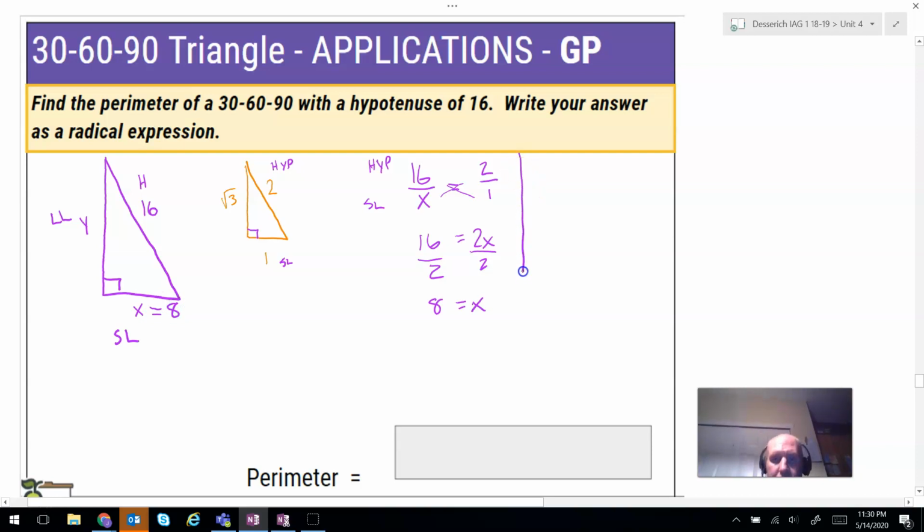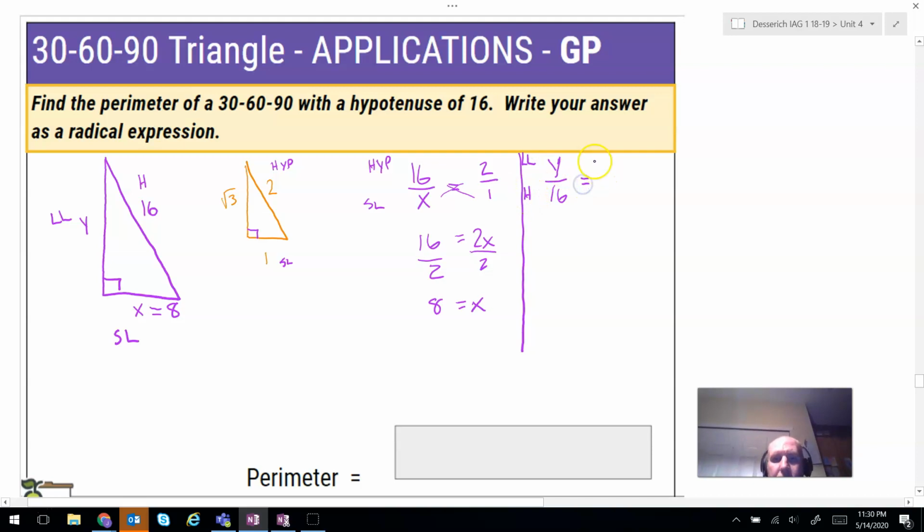Now we need to find the long leg. The long leg, we can go with y. Yeah, that's fine. We can go with y over 16. No big deal. If I go with y over 16, that means I have put the long leg over the hypotenuse. So long leg over the hypotenuse.